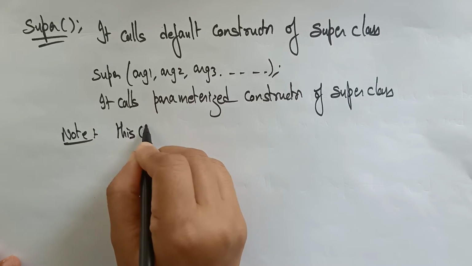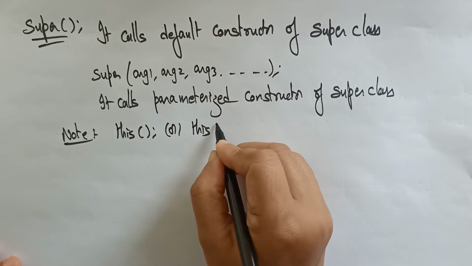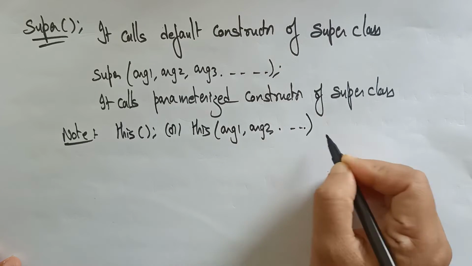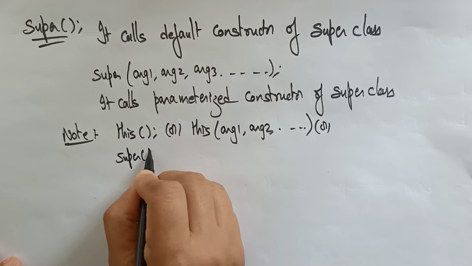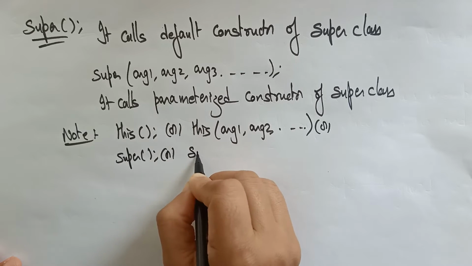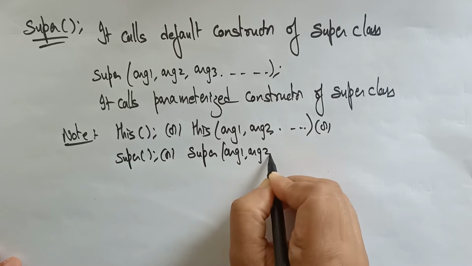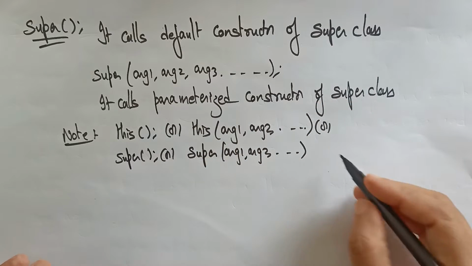You know about this constructor, right? Or this default constructor as well as this with arguments also. If you take super default constructor without arguments, or you can take super with arguments, these two must be the first statement in a constructor.